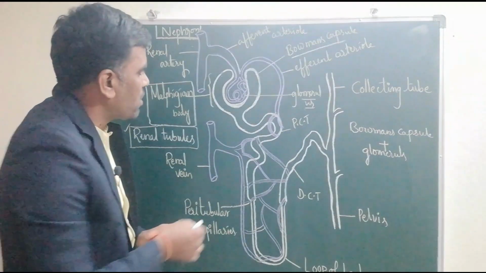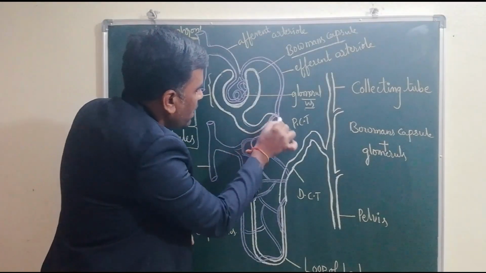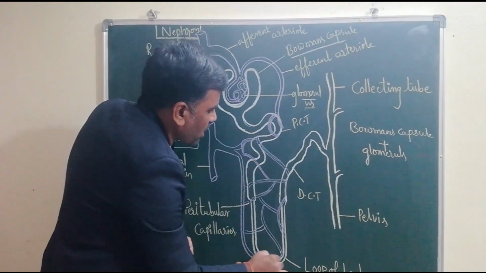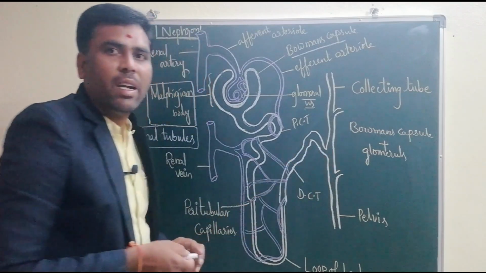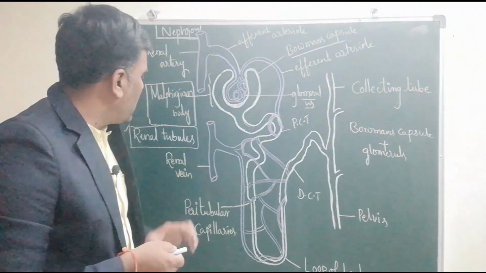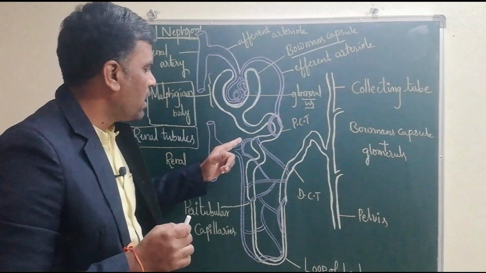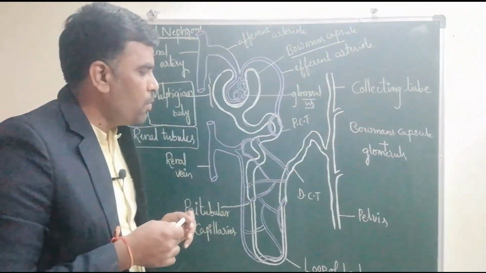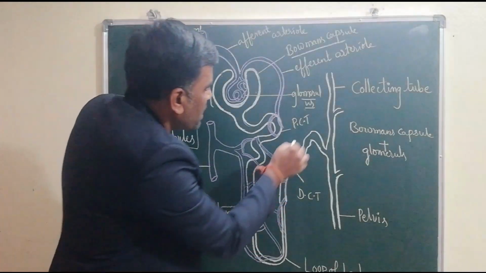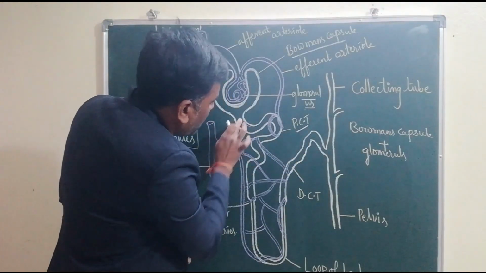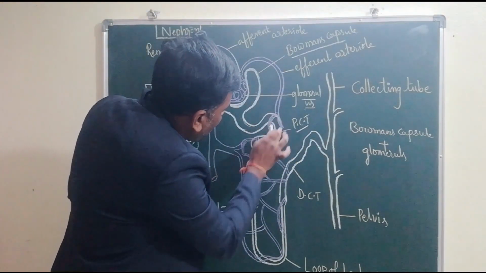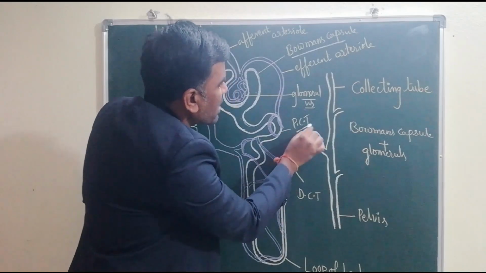What are the renal tubules? From here, the tube-like structure up to here is the renal tubules. Each nephron has three renal tubules. One is the PCT, from here to here.